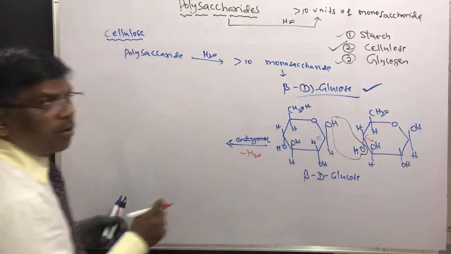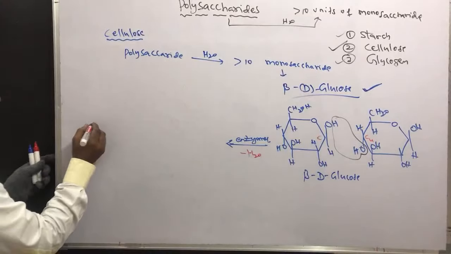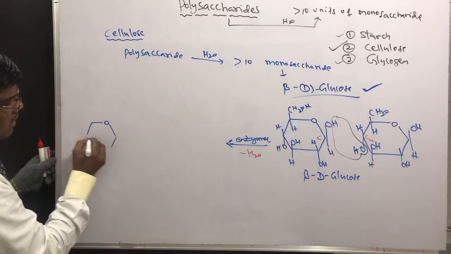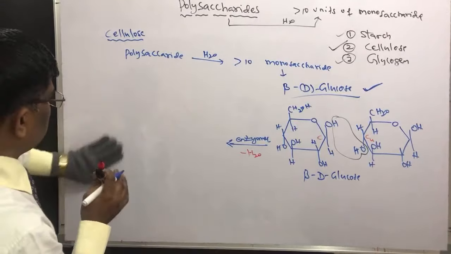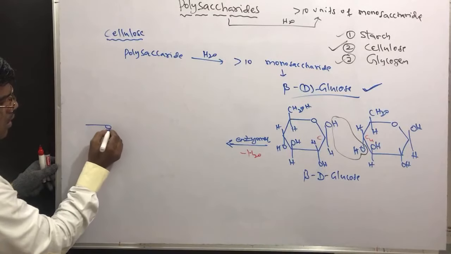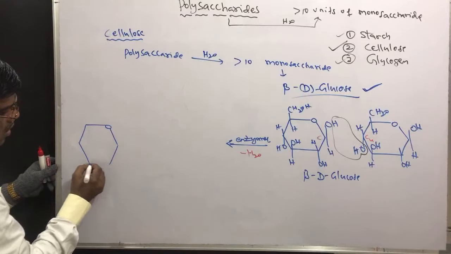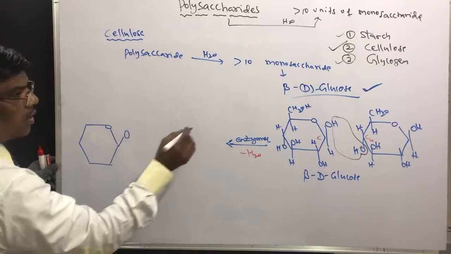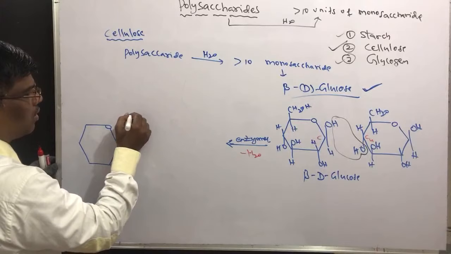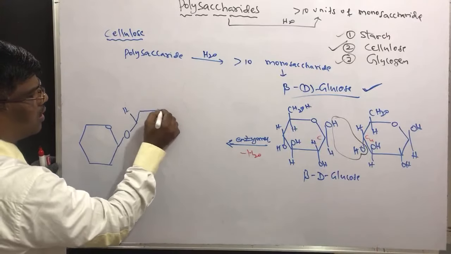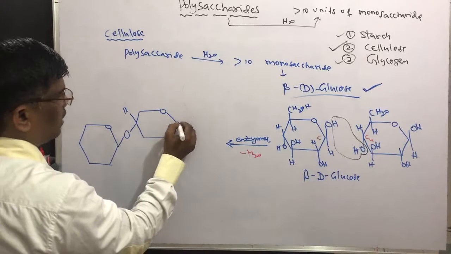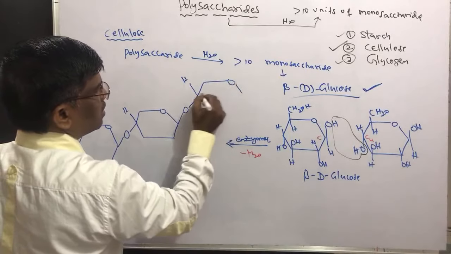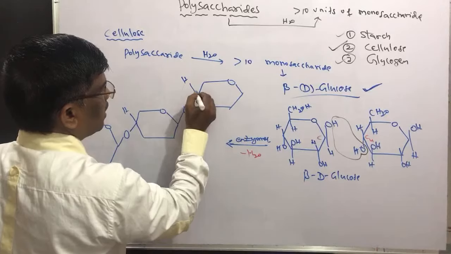So multiple units. Let us write. This is C4, and this is hydrogen, and this is hydrogen, right?